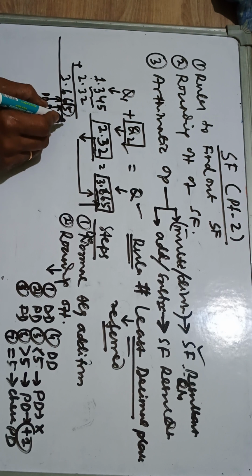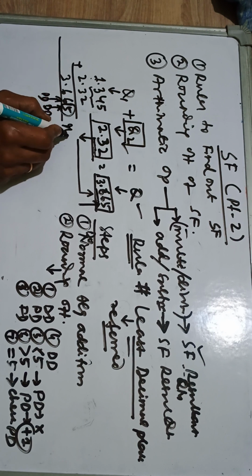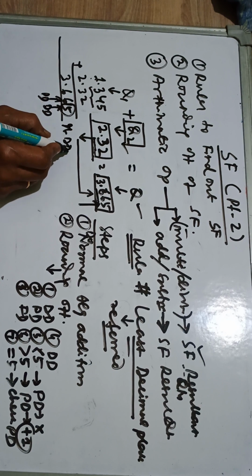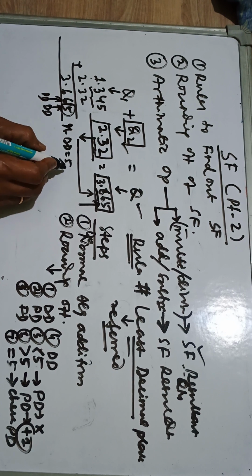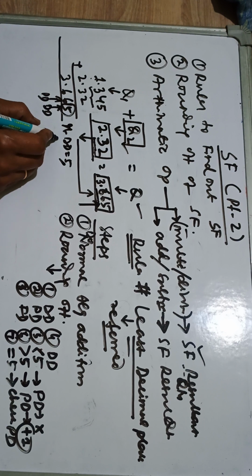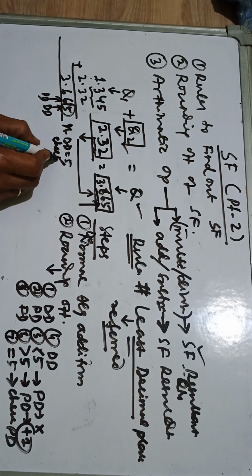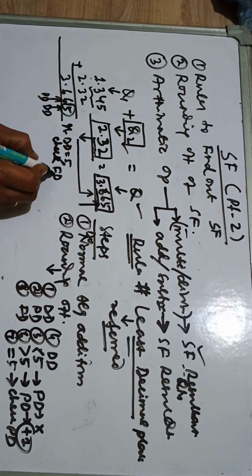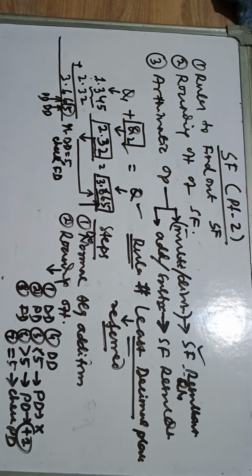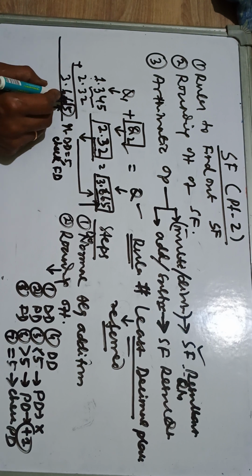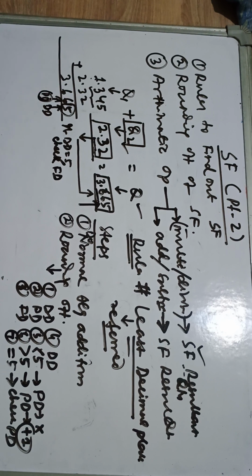Now the rule says if DD is equal to 5, check FD. If FD is non-zero, then increase PD by 1.